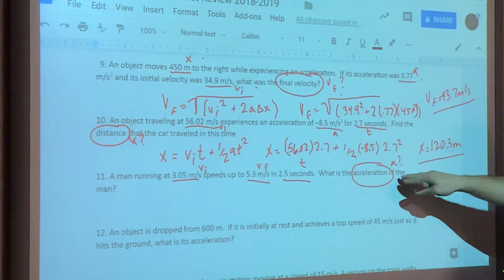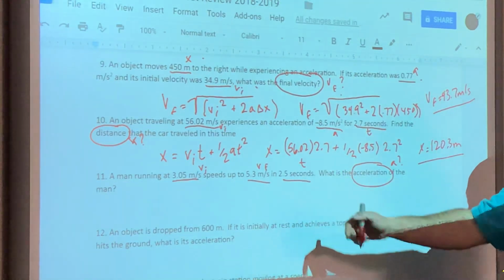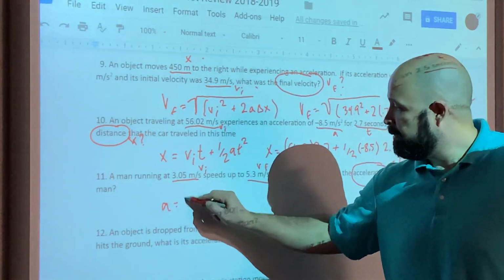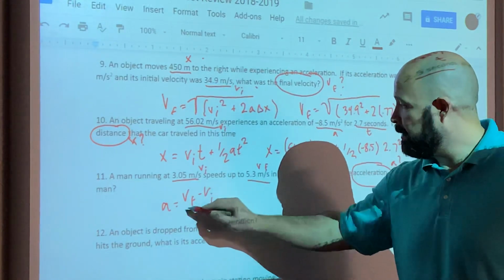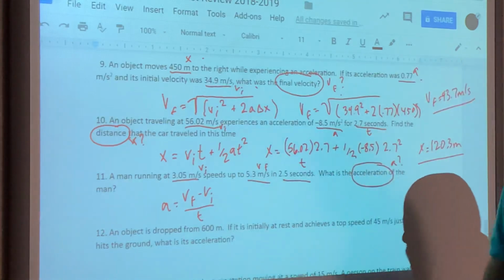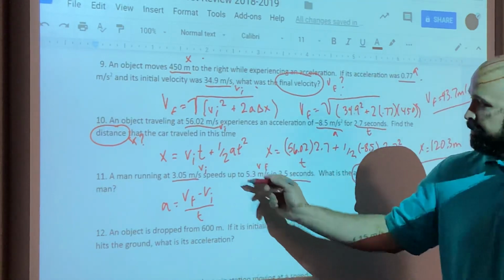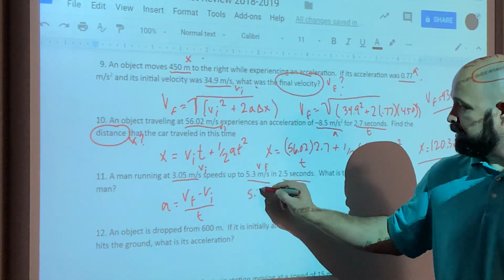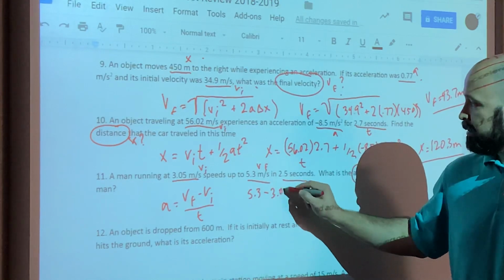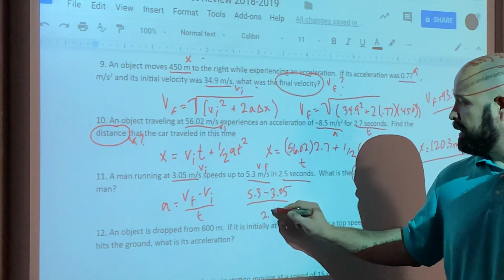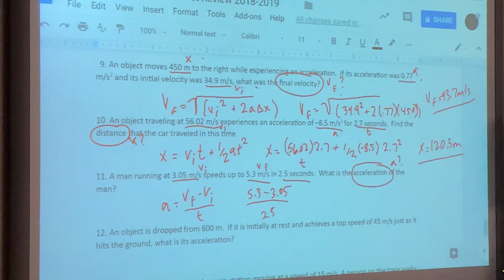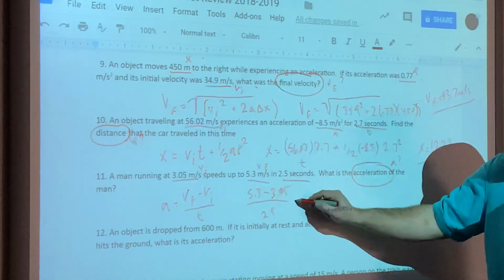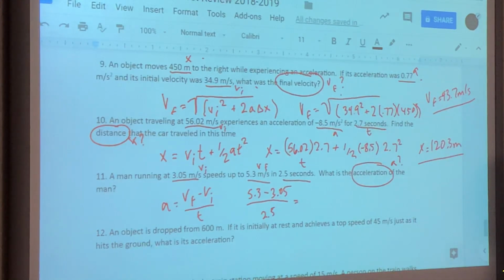The equation that solves for acceleration and uses time is the one that says VF minus VI over T. So we plug in our VF minus VI, that would be 5.3 minus 3.05, divided by the time of 2.5 seconds. And that'll give us our acceleration for this. It's getting faster.